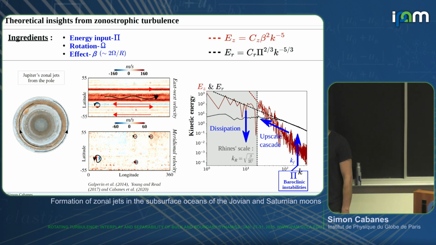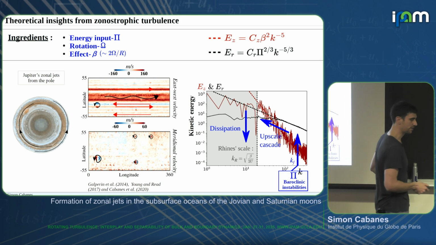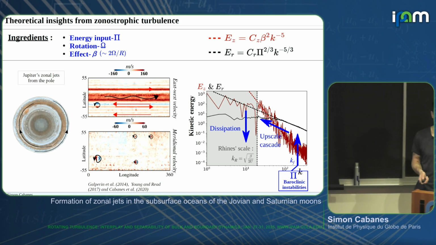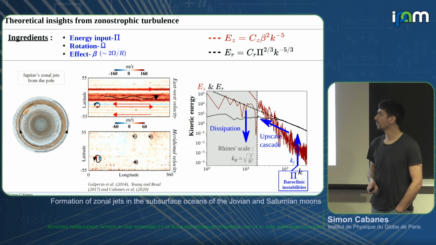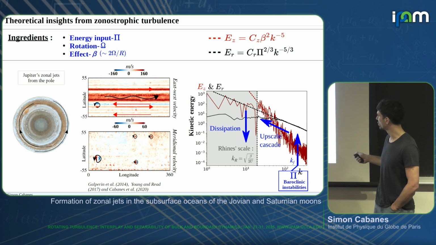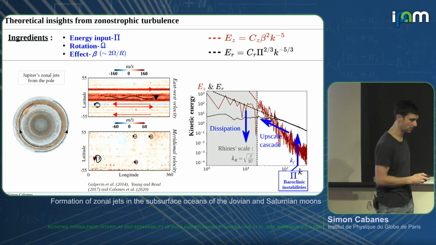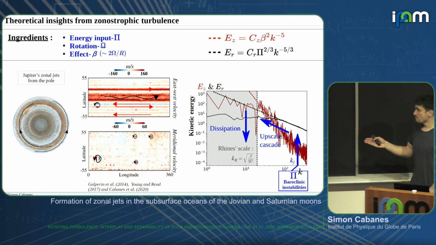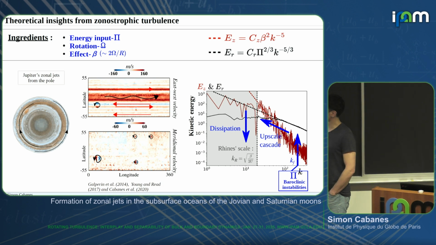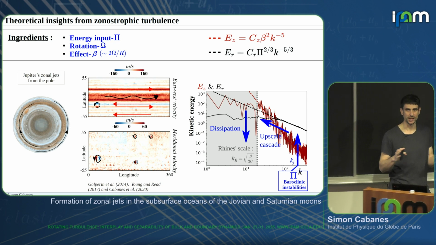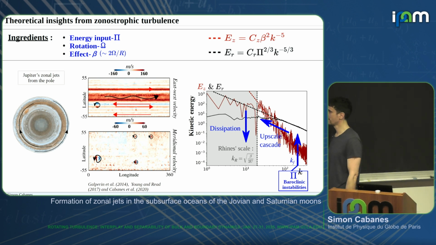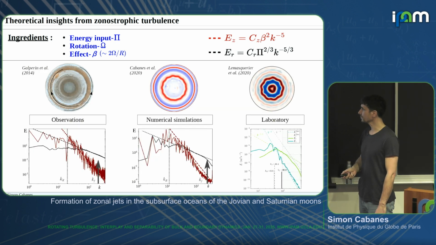And in the case of Jupiter, we have seen this morning that this large-scale friction likely corresponds to the bottom magnetic drag. And it is this large-scale friction which arrests the upscale energy transfer at the size of the jets. All right, so this zonostrophic turbulence is a comprehensive theoretical understanding of the kinetic energy distribution in those flows.